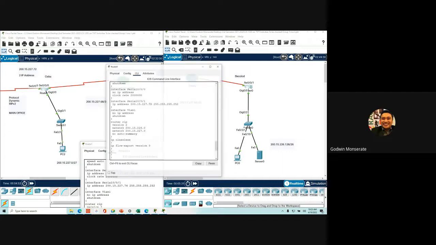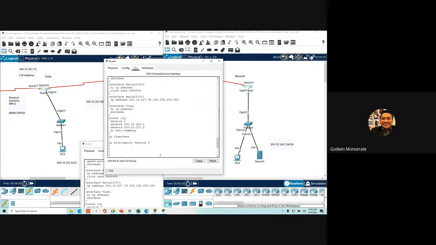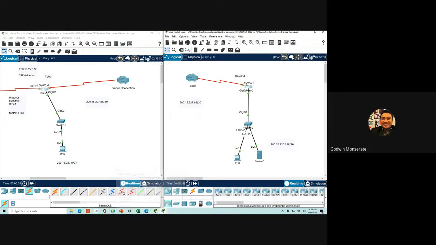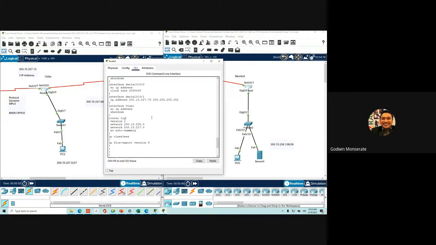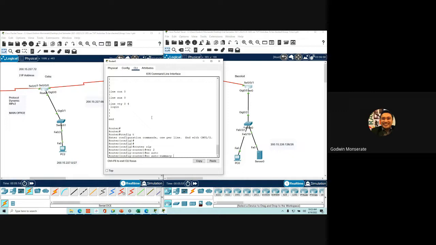So once you have connected it already, ibutang na pod ninyo sa iyang RIP. So mag-RIP ka dire, simple lamang kayo, no? Mag-RIP ka, so hatag ka man config t, then sa ganitong RIP na to, router rip, enter version number 2, then no auto-summary, then at this side, at Bacolod side, you have to identify what are the network present.